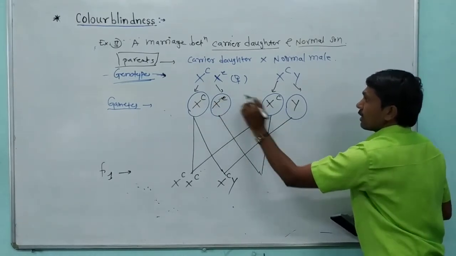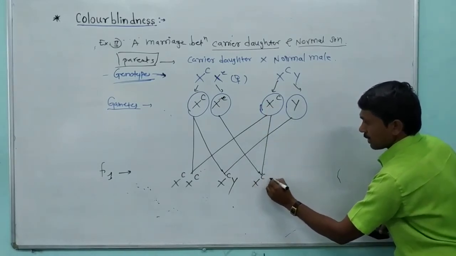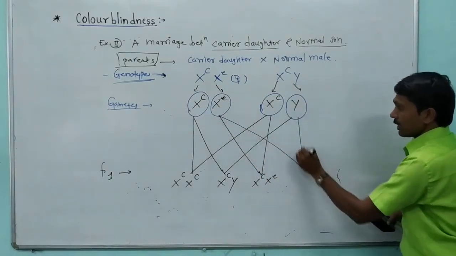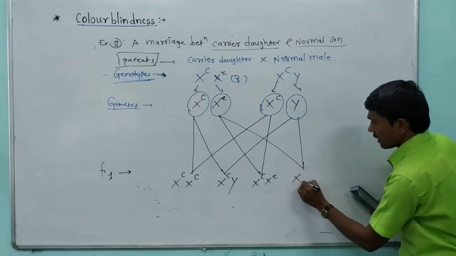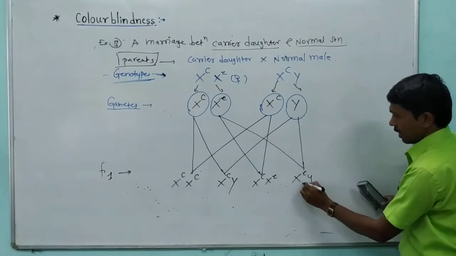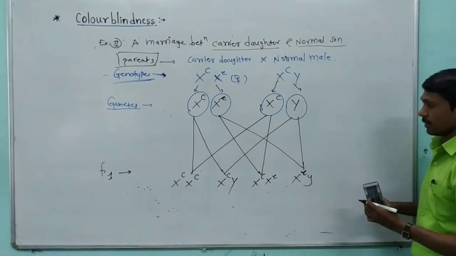X small c and X capital C. So the dominant character, we say first, XC and X small c. Okay. Then X is also crossed with Y. So X small c and Y. X small c and Y. Okay, this is the small c.